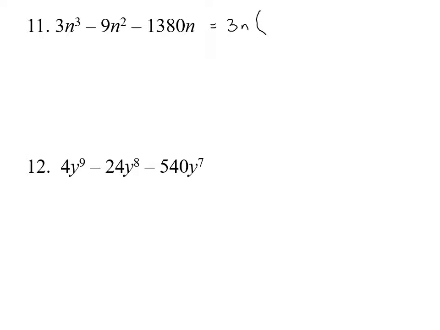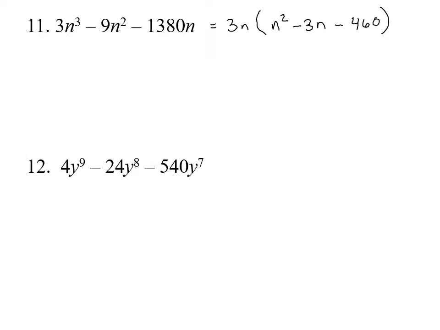The 3n cubed divided by the 3n gives me n squared. The negative 9 divided by the 3 is negative 3, and I'll have one n left over. And this one you might need a calculator for. 1380 divided by 3 is 460. Now, this is not your whole answer, because then you have to look and say, well, n squared minus 3n minus 460 is a trinomial.